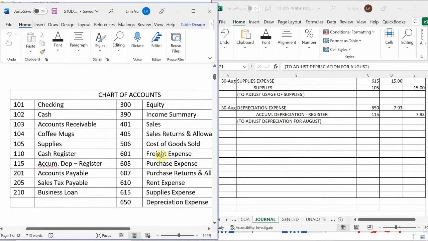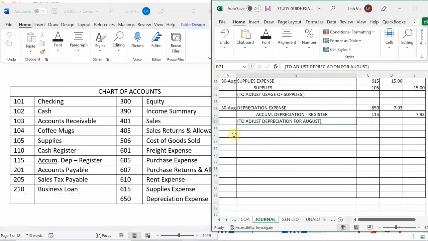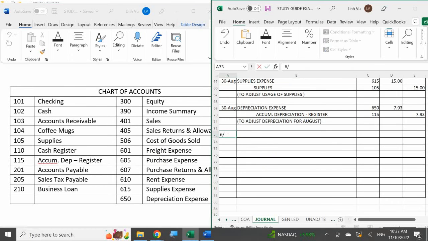You're going to do cost of goods sold, account 506, and coffee mugs.